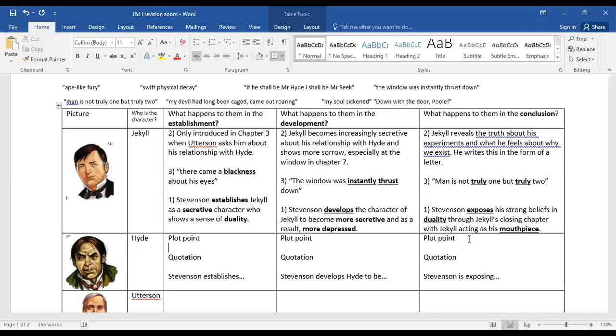Do let me know if you have any other questions on this. If you've done it for Hyde, if you want to try [another character].